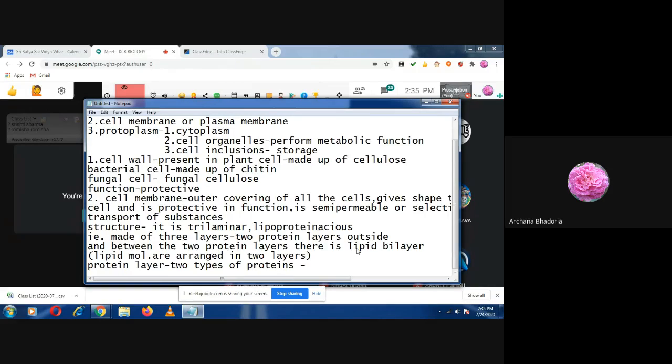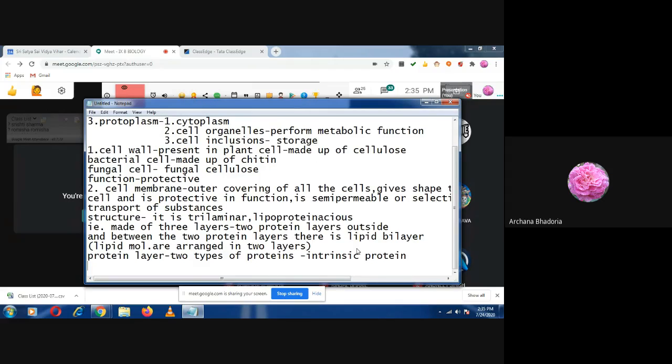Two types of proteins, we call it intrinsic protein and the other one extrinsic protein. Okay, so intrinsic protein and extrinsic protein.